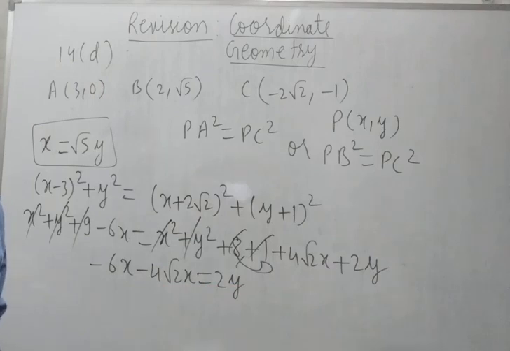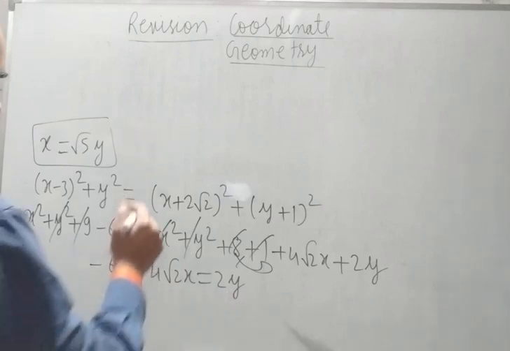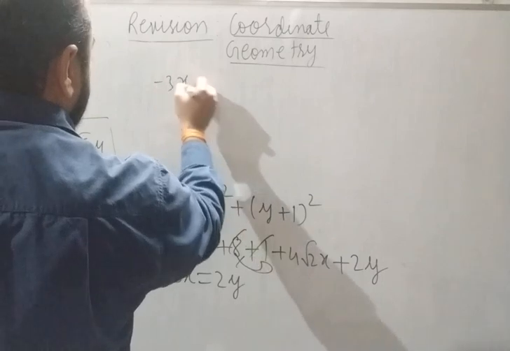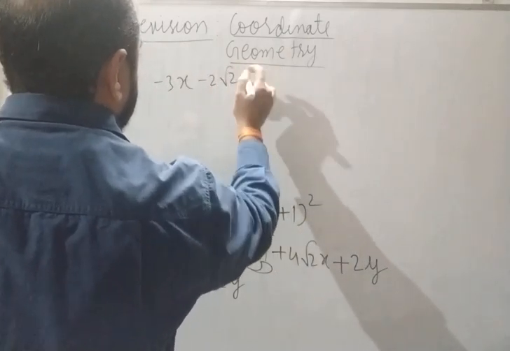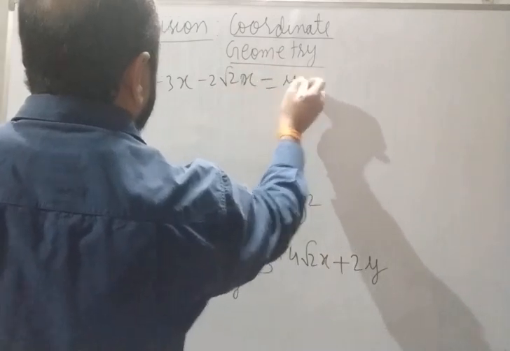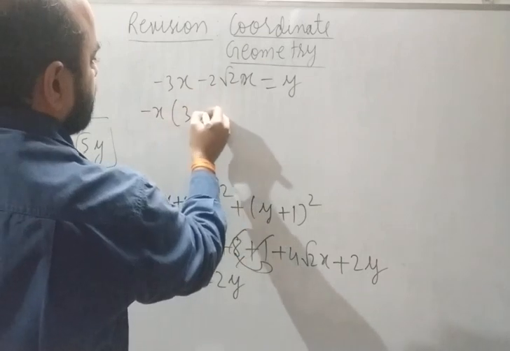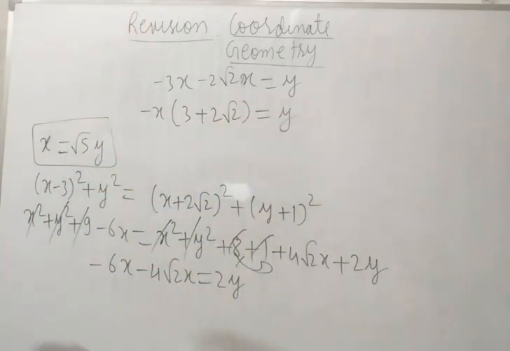After that, from this equation, 2 is common throughout, so we can write minus 3x minus 2 root 2x is equal to y. Again, minus x is common, what is left? 3 plus 2 root 2, is equal to y. Correct? This is the second equation.